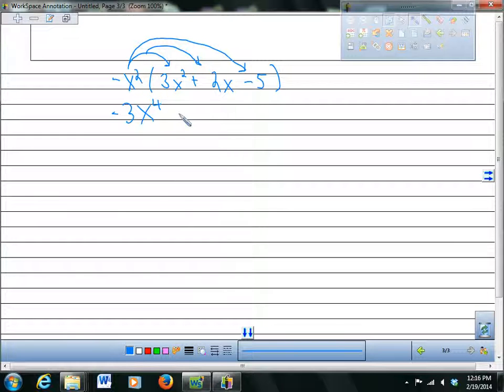Okay? Let's do the next term. So now I'm going to take my x squared, multiply it by my 2x. Negative what? 2x cubed. There's a 2 here and there's a 1 here. Very good. 2x cubed. Way to go. What's next?